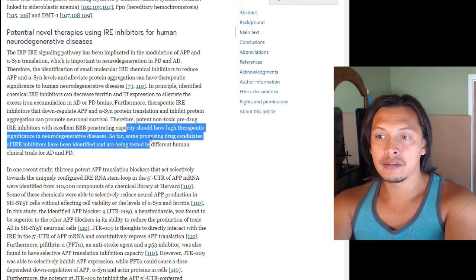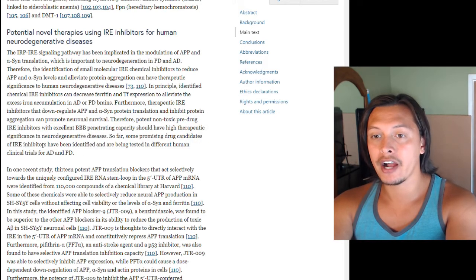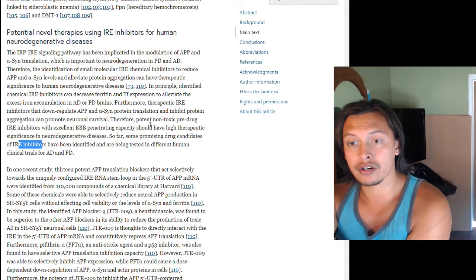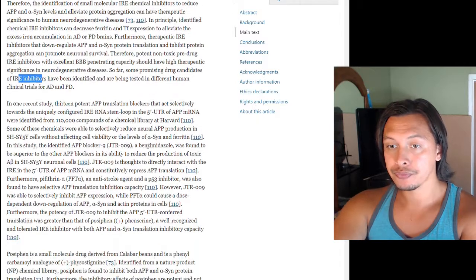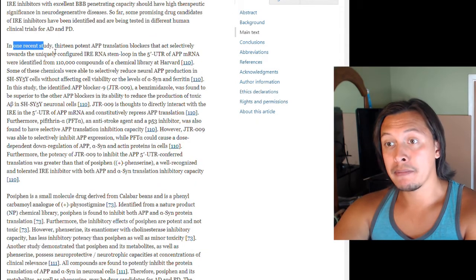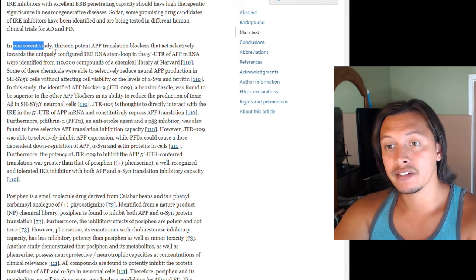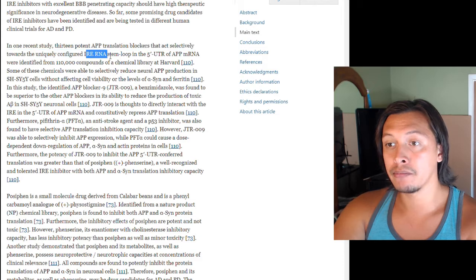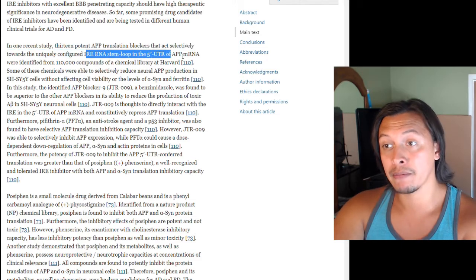So far, some promising drug candidates of IRE inhibitors have been identified and are being tested in different human clinical trials for AD and PD. So in one recent study, 13 potent APP translation blockers that act selectively towards the uniquely configured IRE RNA stem loop in the 5' untranslated region of amyloid precursor protein.